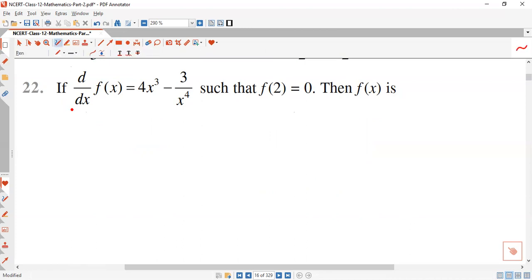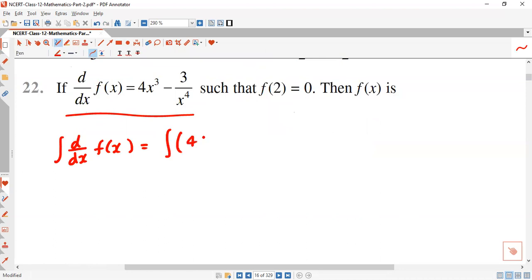Taking integration on both the sides, the integral of d by dx of f(x) equals the integral of 4x cube minus 3 upon x raised to 4 dx.